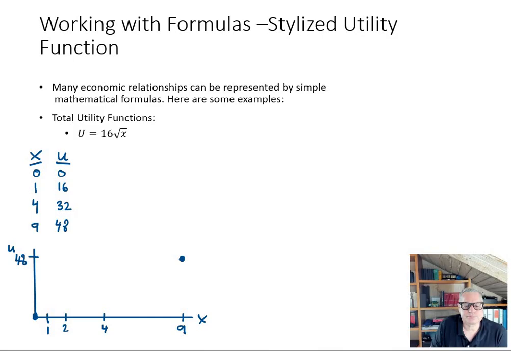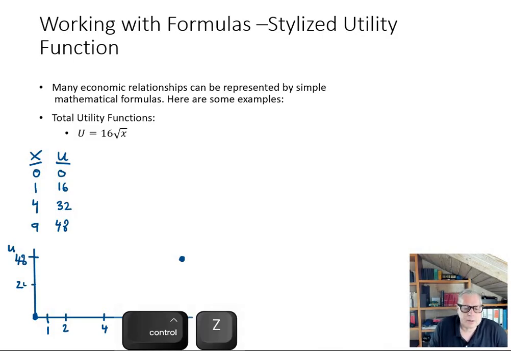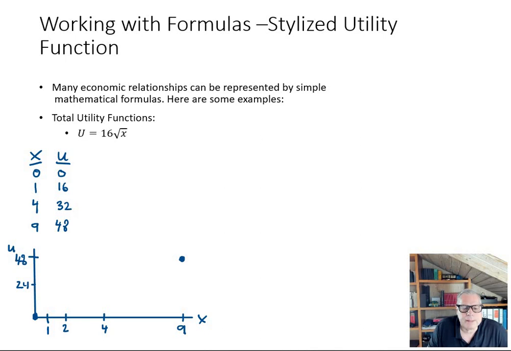And if we have a value of 4, we have 32, so maybe here 48, maybe half of it, what is that? That's 24. Then maybe 32 is somewhere in between here.